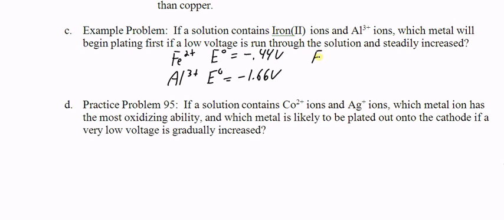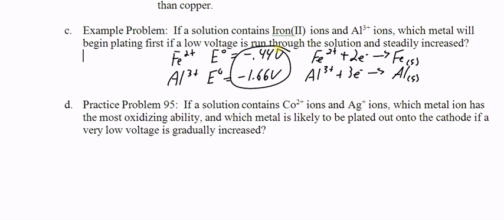Let's make this clear so everybody understands. What I've looked up is this half reaction for iron and this half reaction for aluminum. Really what I'm focused on is these two values here.